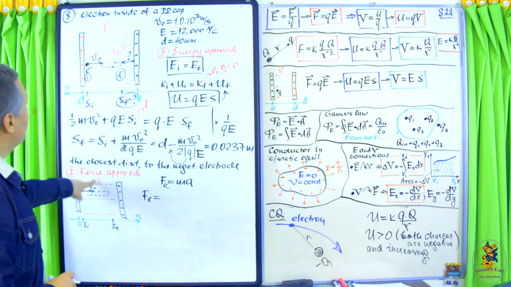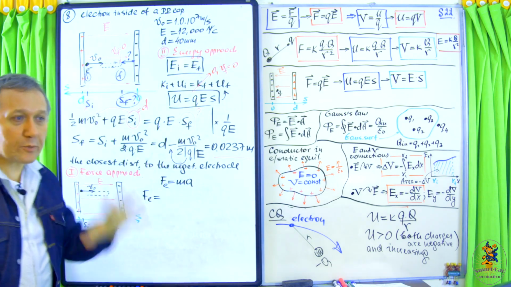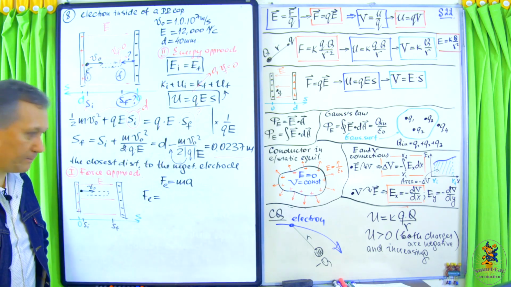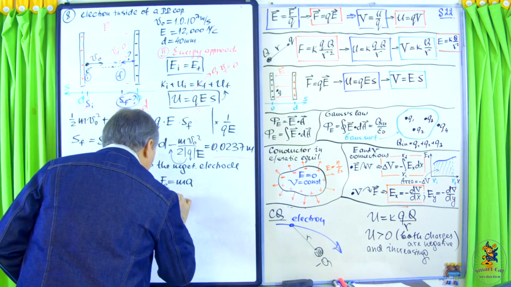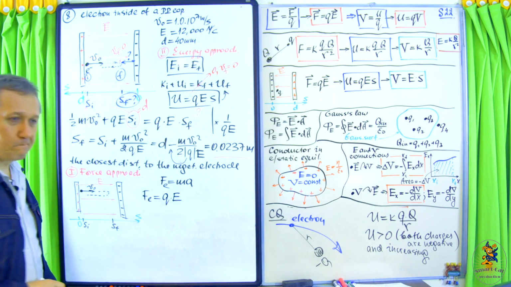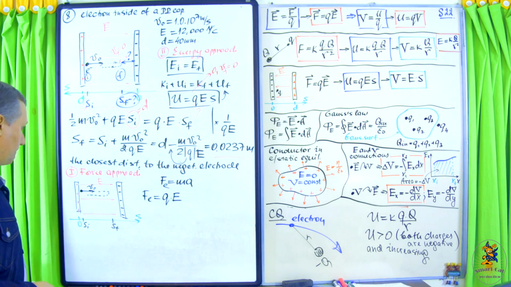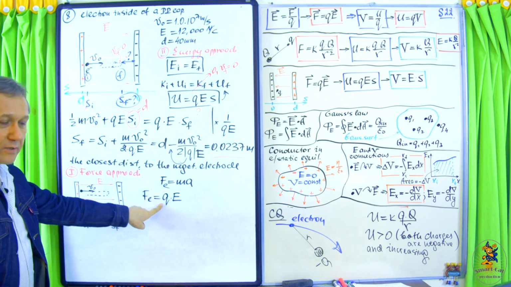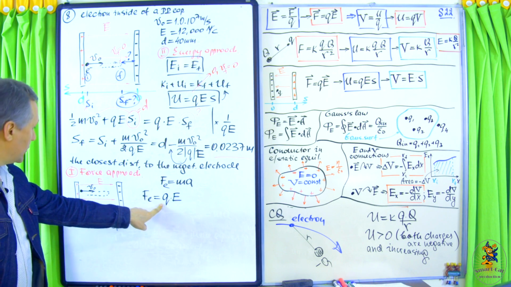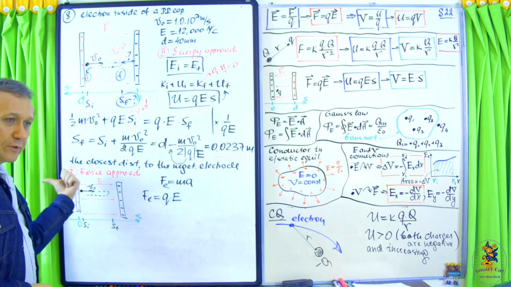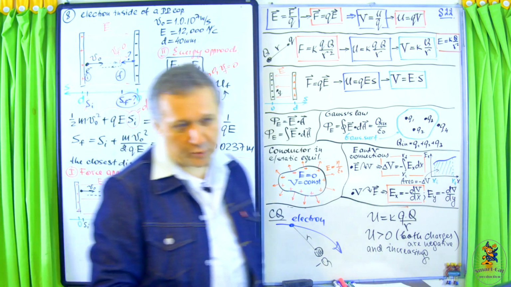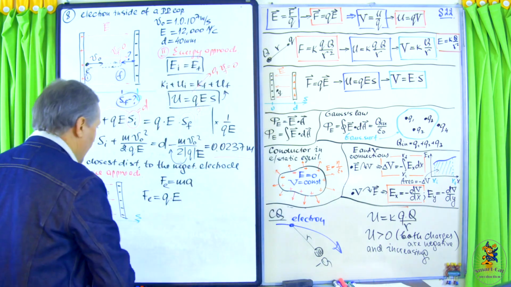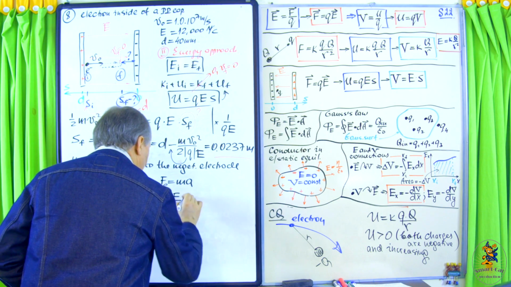Since the value of the electric field is given, I can write electric force equals Q times E. And again, since Q is negative, it's an electron, so the electric force is going to point that way. So my acceleration is going to be negative, right? Okay, so now let me plug it in.